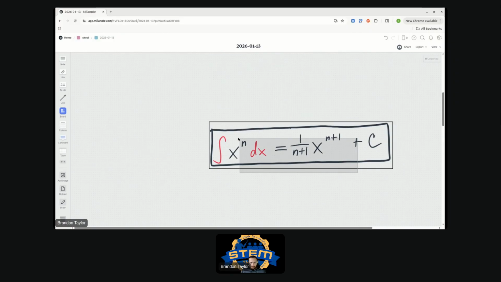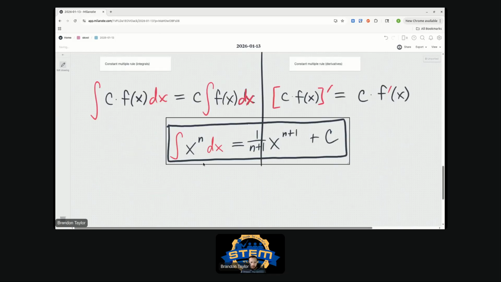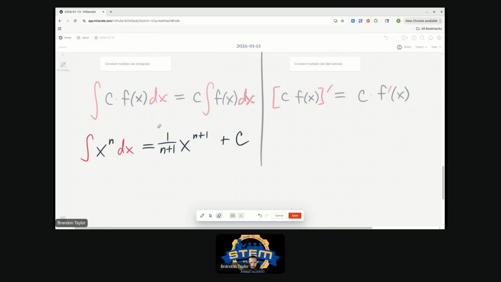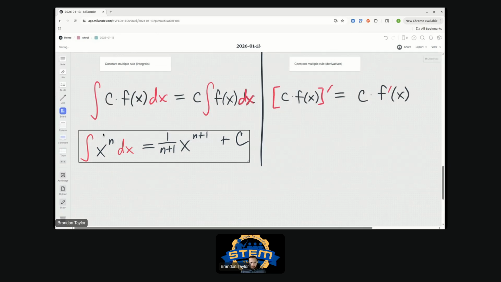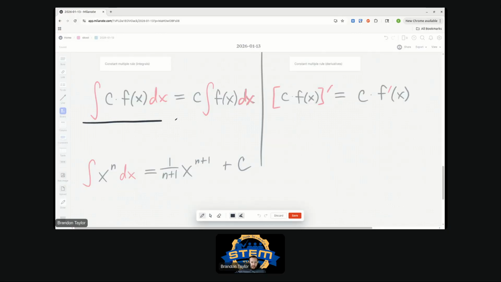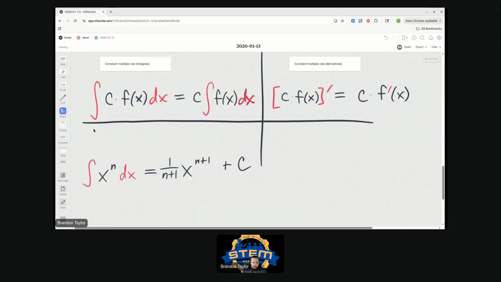This is the anti-power rule. So, anti-power rule.